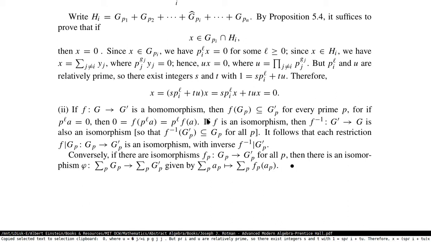So your goal is always to use the fact that these things vanish, so that you can do something with them. So let's see. So you have a homomorphism between G and G prime. So they are two abelian groups. Now f of GP, so that's the image of the p primary component of G, is a subset of the p primary component of G prime, right?